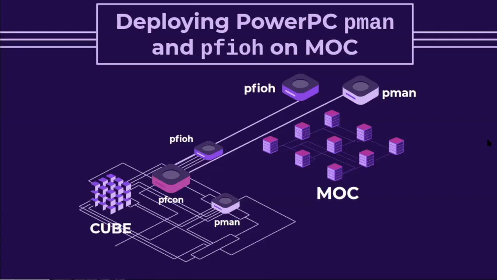Those two are currently running on the MOC, and we're able to say hello to them as processes. However, as Hao Young talked about earlier, we haven't been able to run our plugins on those instances of pfioh and pman, and that's a future plan.